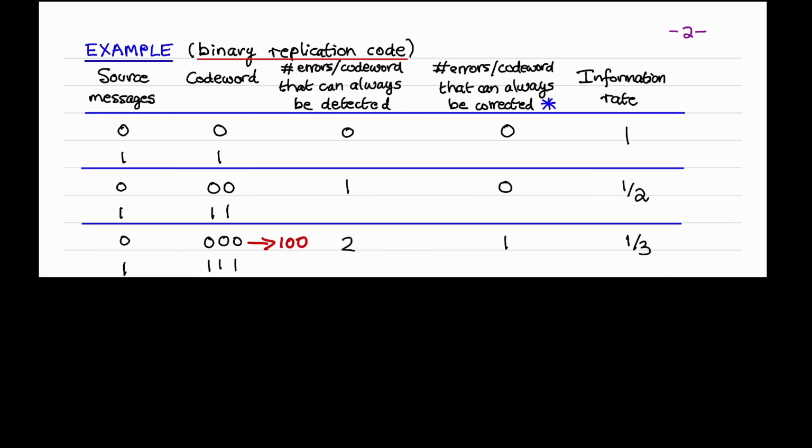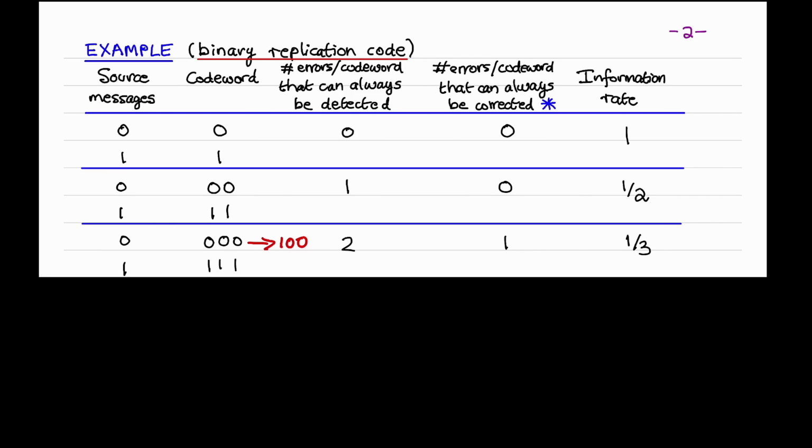Let's suppose now that 000 is transmitted and a single bit is flipped, so let's say 100 is received. The channel decoder has detected that at least 1 error has occurred. But what is the most likely transmitted code word? It seems reasonable for the decoder to decode 100 to 000 instead of 111.